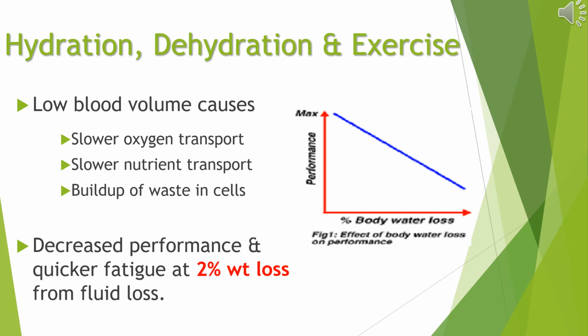When we're dehydrated, even just a little bit, this is going to directly affect our blood volume. It's going to decrease our blood because our blood is fluid. And lower blood volume is going to cause slower oxygen transport, slower nutrient transport, and a buildup of waste in the cells.